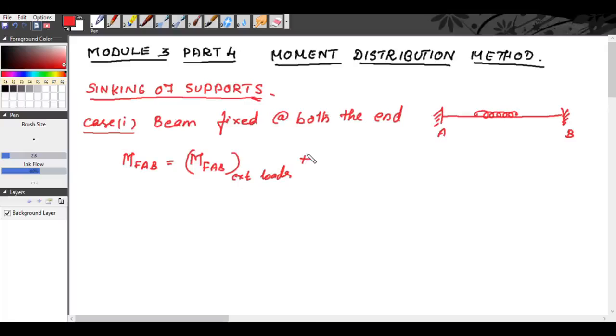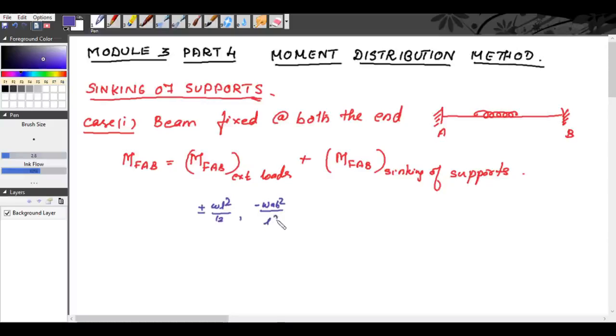Plus you have fixed end moment, that is MFAB, due to the sinking of supports. So for external loads, your formula will be plus or minus WL square by 12, and if it is a concentrated load, you have minus WAB square by L square and plus WA square B by L square.